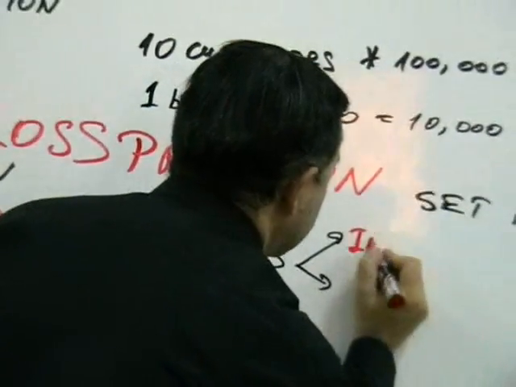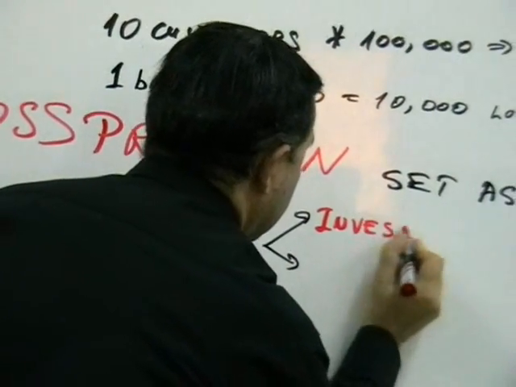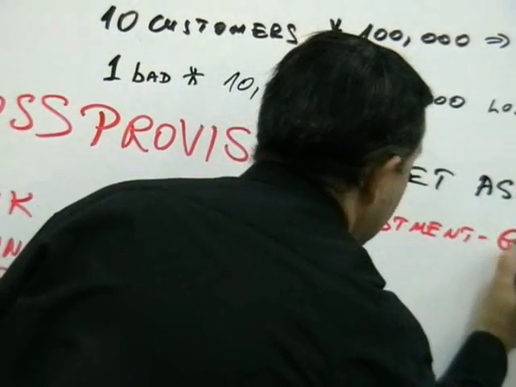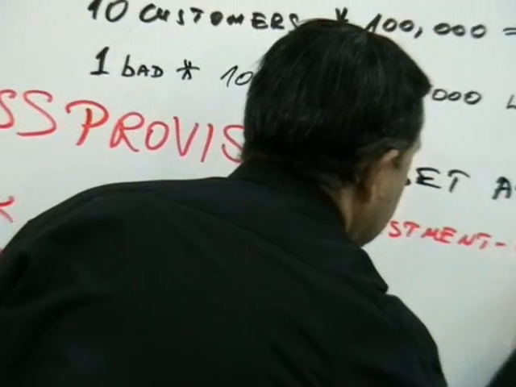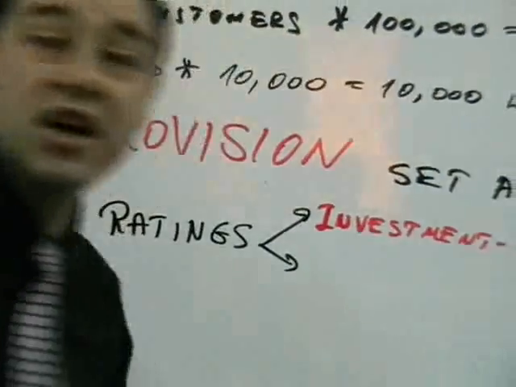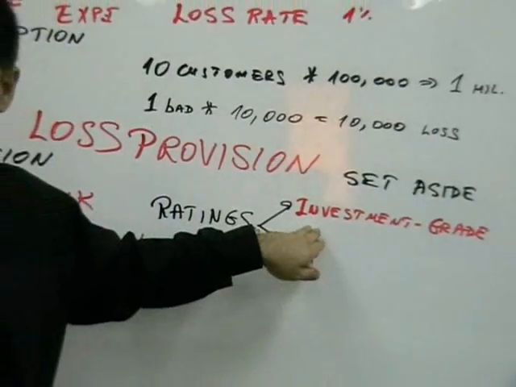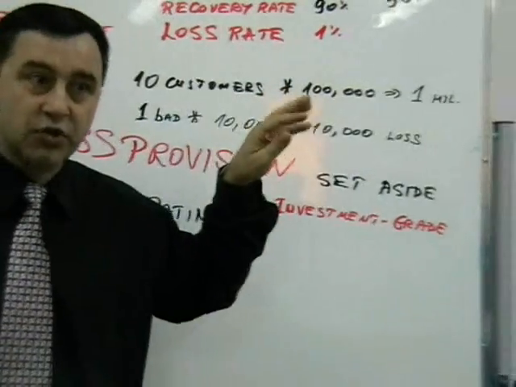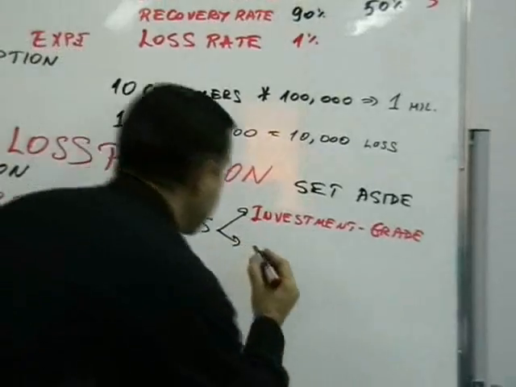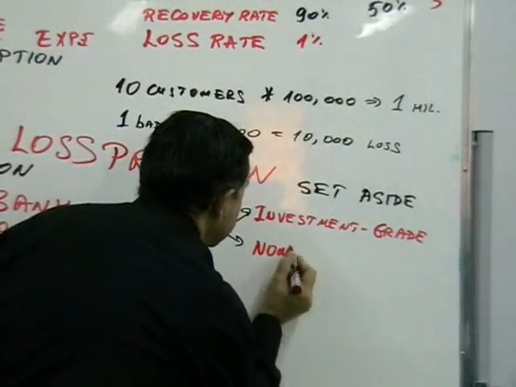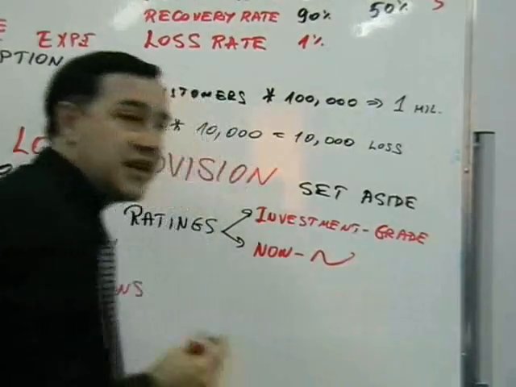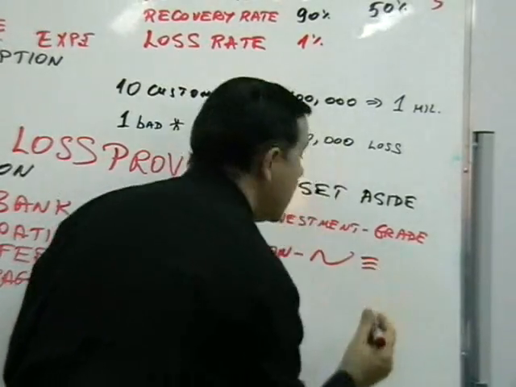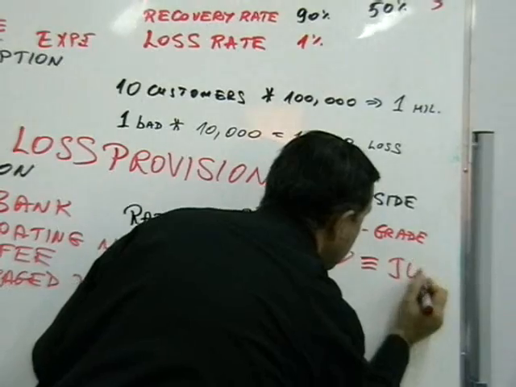Investment grade, which is a high quality borrower and is associated with relatively low risk. And the other one is non-investment grade, which is known in the industry as junk.